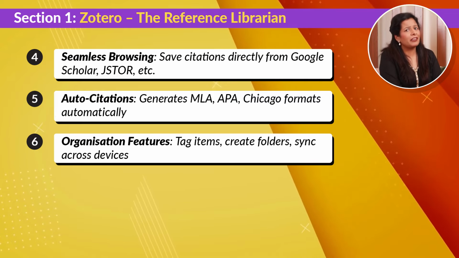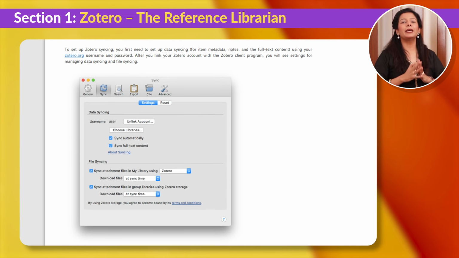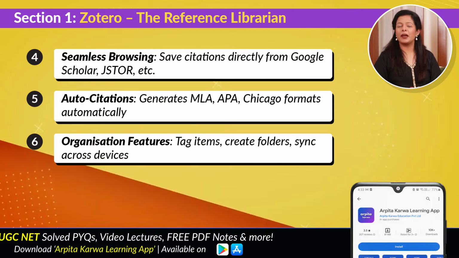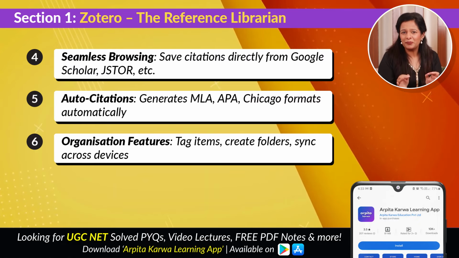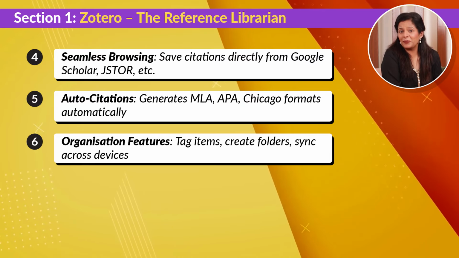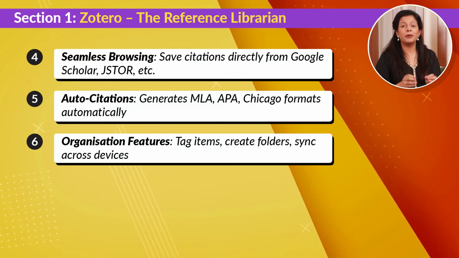You can tag and organize your saved items into folders, sync your library across devices, and create a central hub for all your research. Say, for instance, you are writing a paper on feminist theory. Zotero allows you to simply create a folder and save every relevant article, quote, or research paper there, so that when you need to refer to them, it's all in one convenient place.